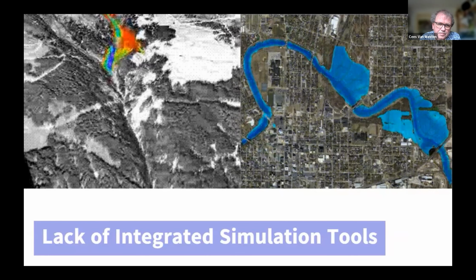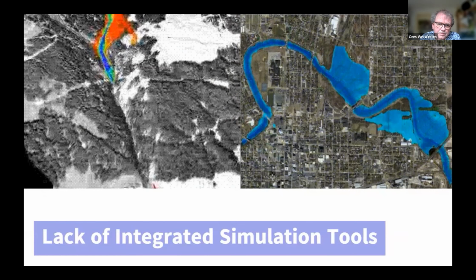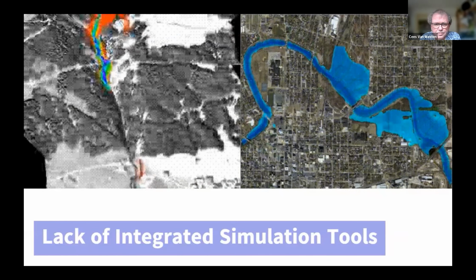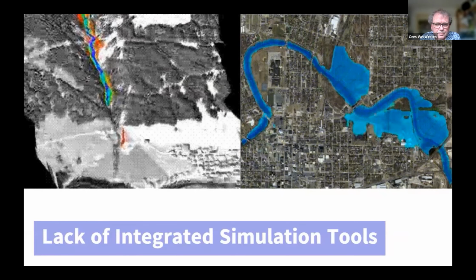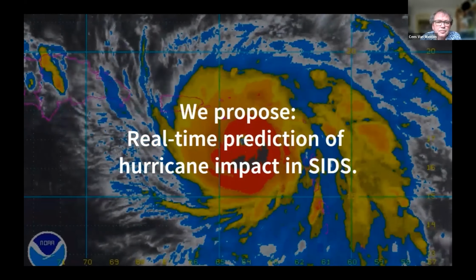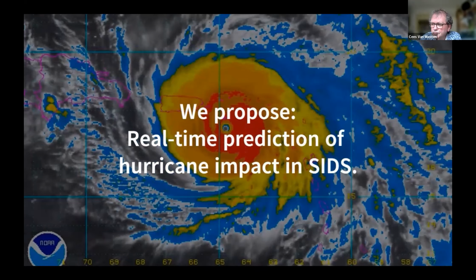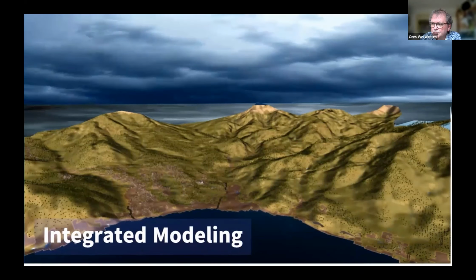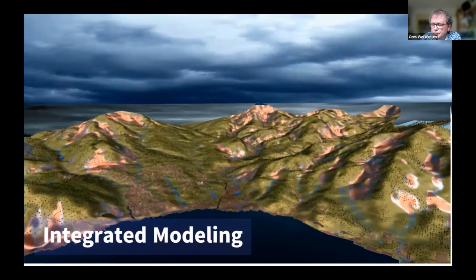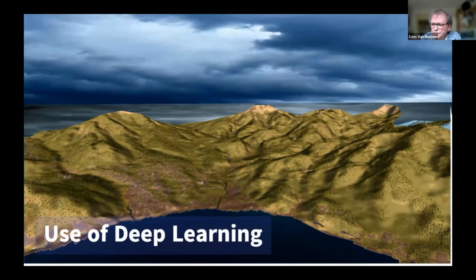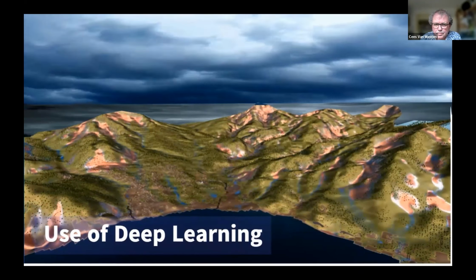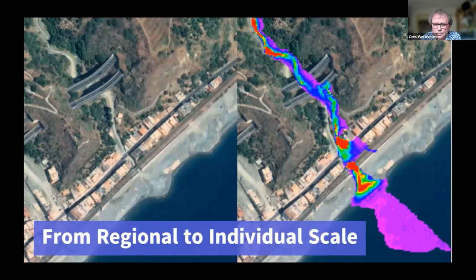Many areas don't have the detailed input data, and running them in real time is not feasible. We propose to develop a real-time prediction tool for hurricane impact in small island states through integrated multi-hazard process models with input data that is downscaled using deep learning approaches to give predictions of impact at the local level.